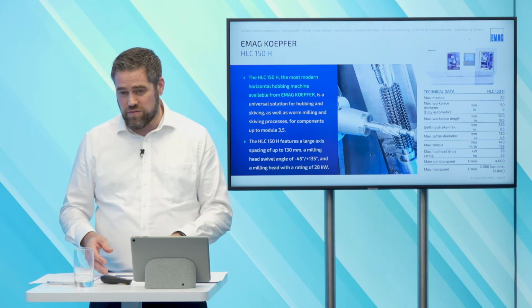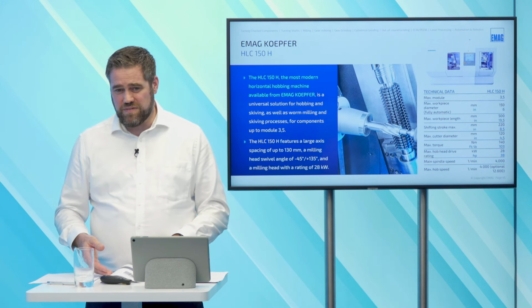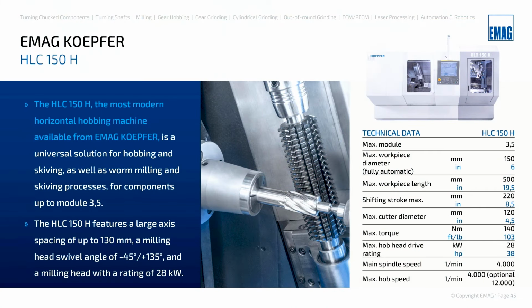And what is important, since some weeks we are able to do also power skiving on this machine without any modification of the kinematics or the mechanical components in the machine. So that's a really additional point, that you have a really flexible machine.